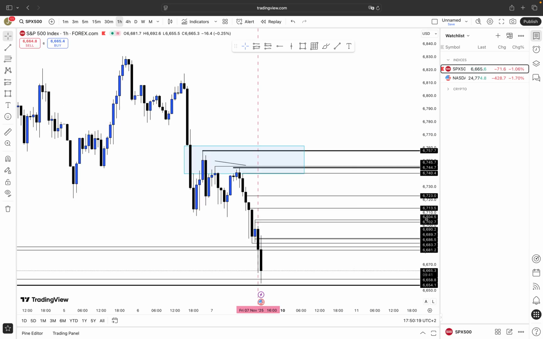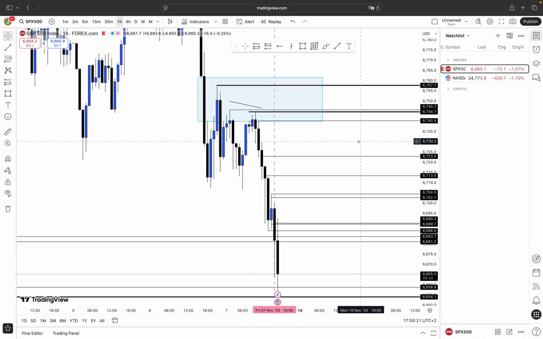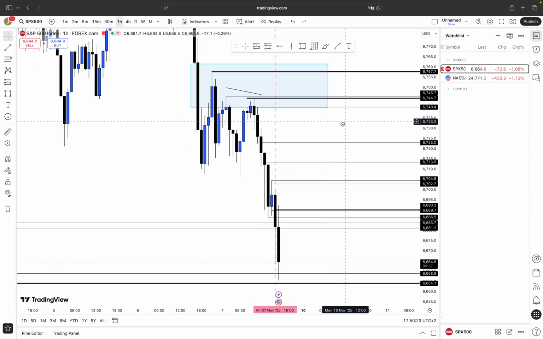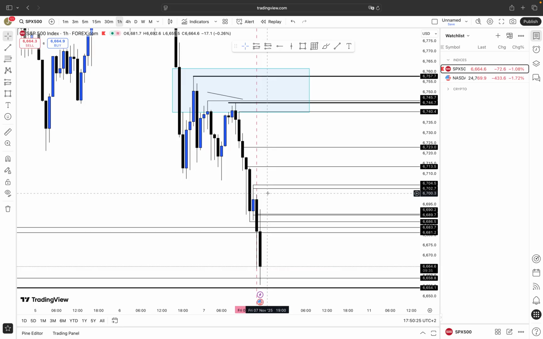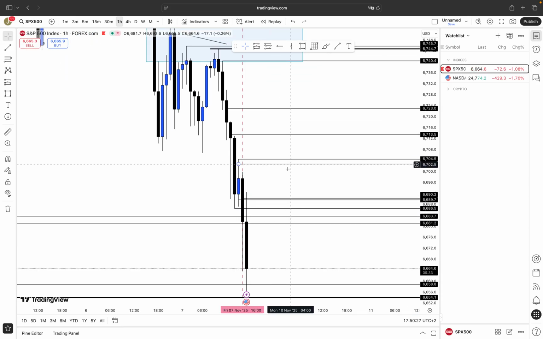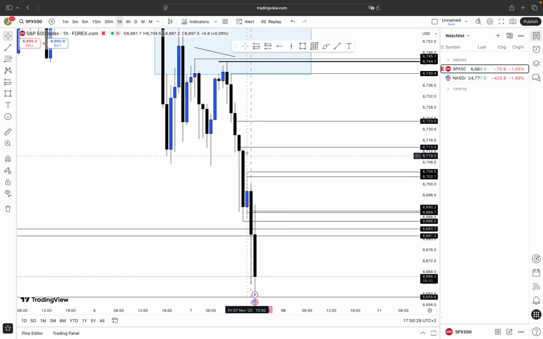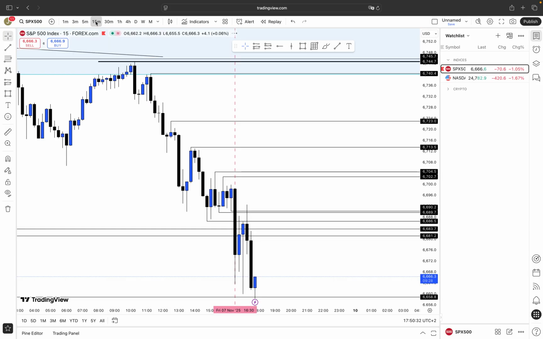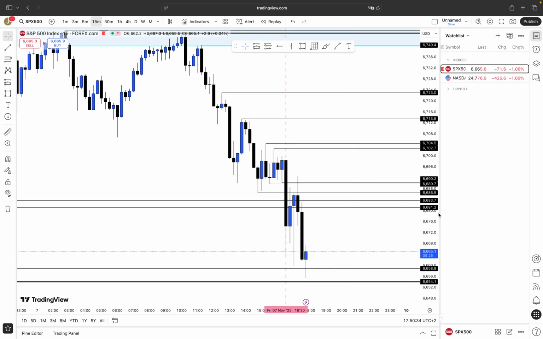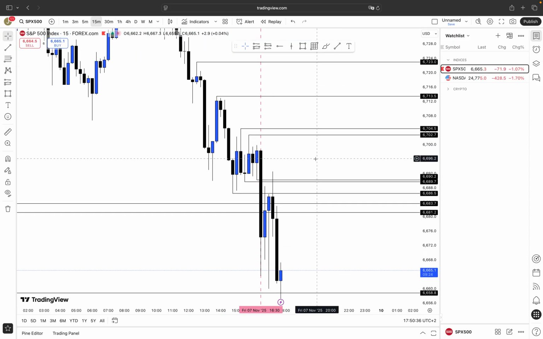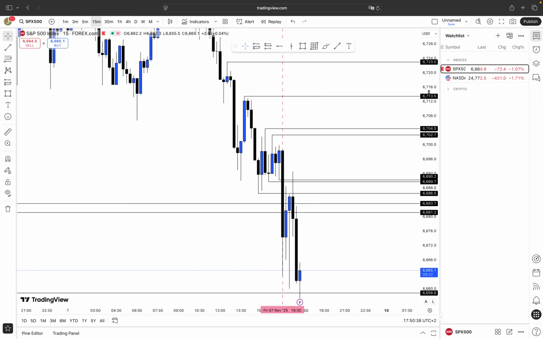My bias initially was that I wanted to take a short entry, preferably after seeing a manipulation of some low time frame highs, or liquidity sweeps, and then take a short entry from there.